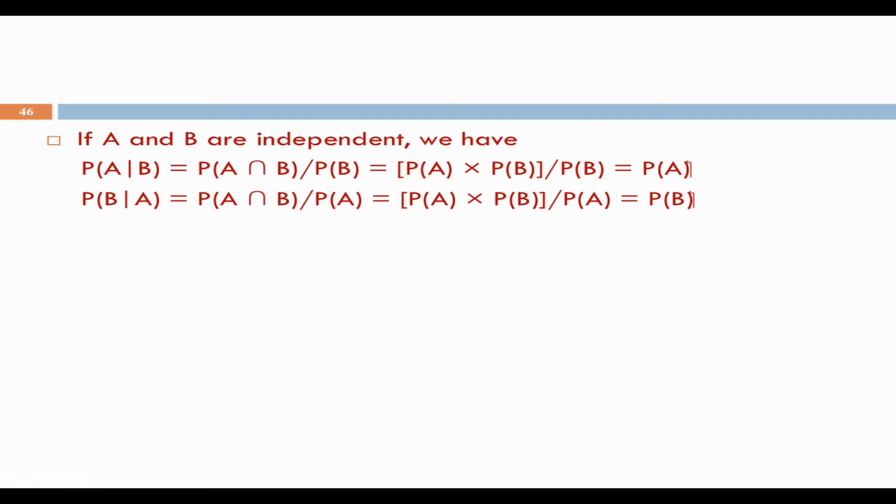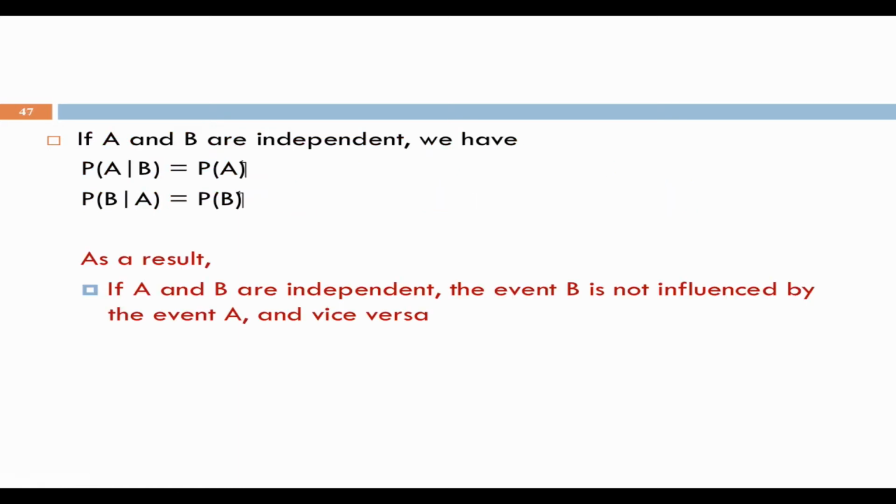So for two independent events, the conditional probability equals the marginal probability. Intuitively, if A and B are independent, the event B has no influence on the event A, and also the event A is not influenced by the event B. So raining and the chair breaking have no impact on each other.